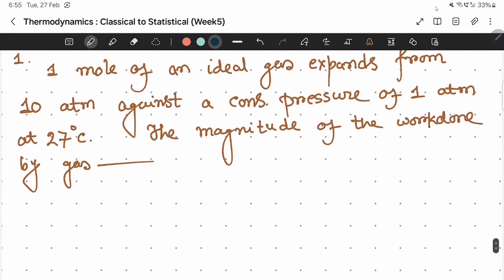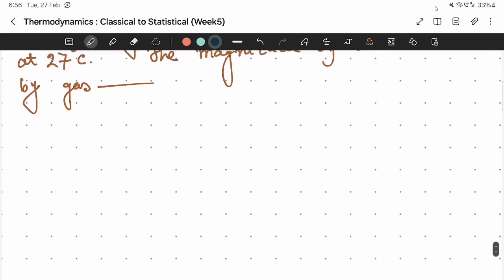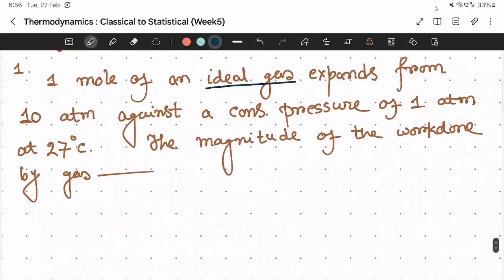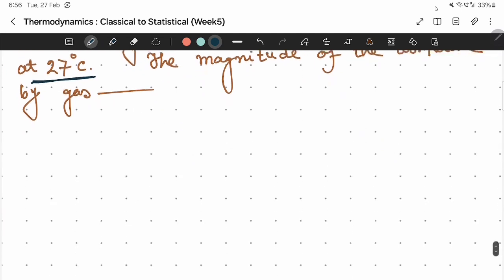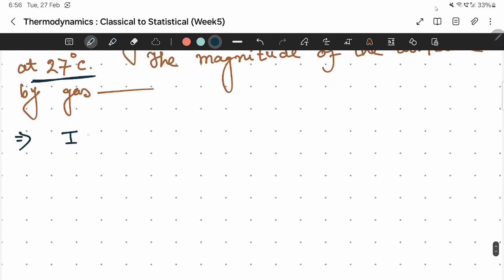So first, this is an ideal gas, and it is expanding from 10 atmospheric pressure to 1 atmospheric pressure at 27 degrees centigrade, and we need the magnitude of work done. We have to find out from the question what the nature of the process is. It's 27 degrees, so the constant temperature means this is an isothermal process.